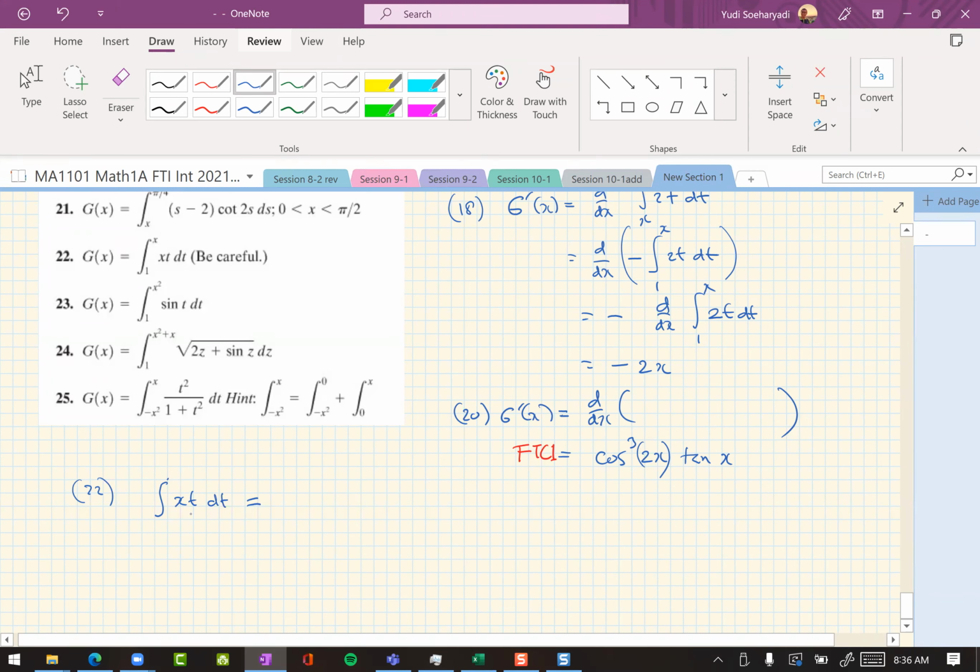In computing the integral, you see that x is constant with respect to t.